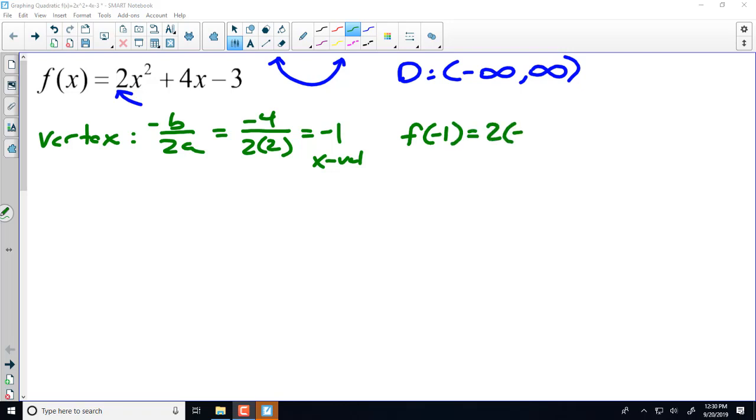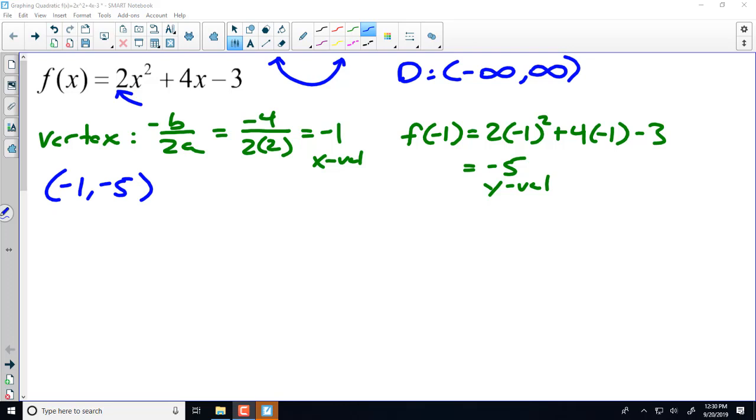So 2 times negative 1 squared plus 4 times negative 1 minus 3. Watch those negative signs, and you crunch that out, you will get a negative 5. But that's just the y value of the vertex. You want the entire vertex, you got to go ahead and put those together in an ordered pair. Negative 1, negative 5.